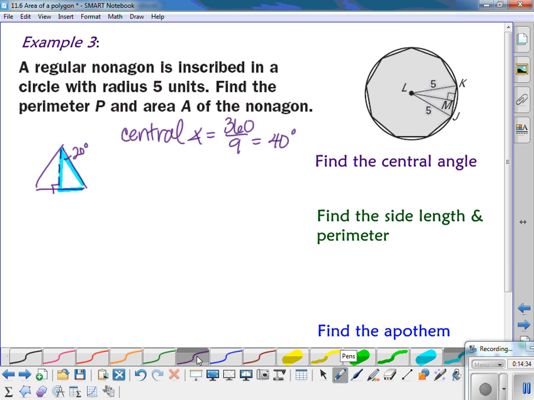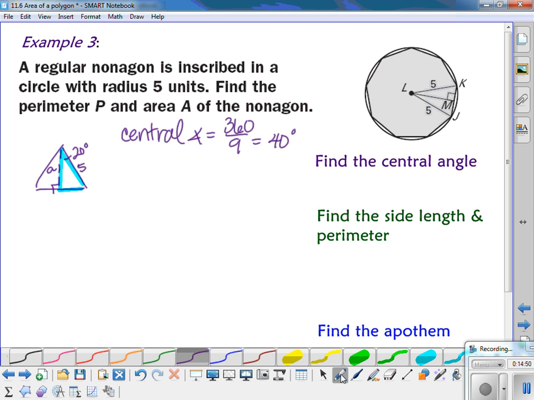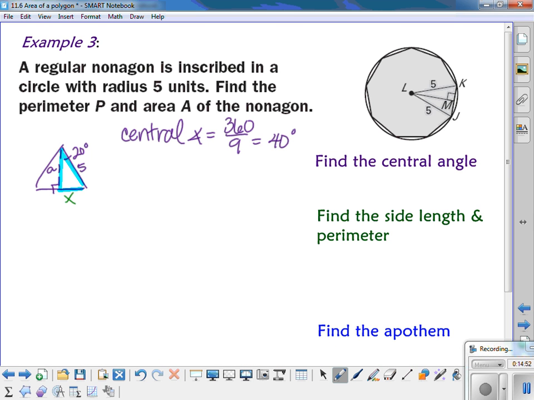All right, so the radius was 5, so I know this side of my triangle is 5, and the apothem is right here. Before we find the apothem, we're going to find the side, sorry. So I'm going to find half of the side first, which I'll call x.